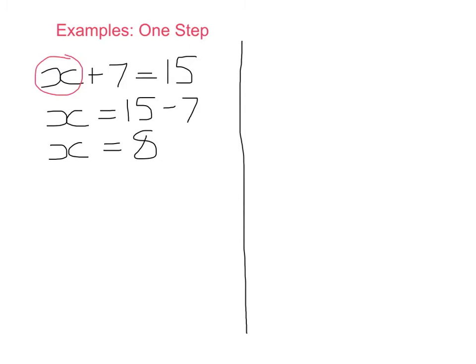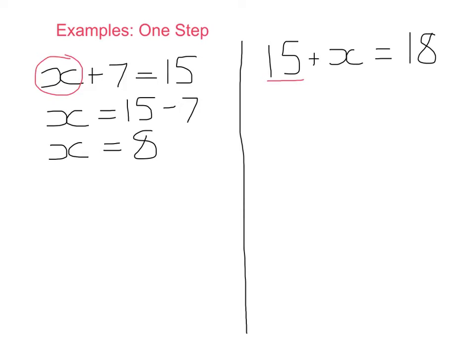Another example. We'll go 15 plus x equals 18. Again, we're looking here at the 15. It is a positive number. We know this because it doesn't have a negative number in front of it.